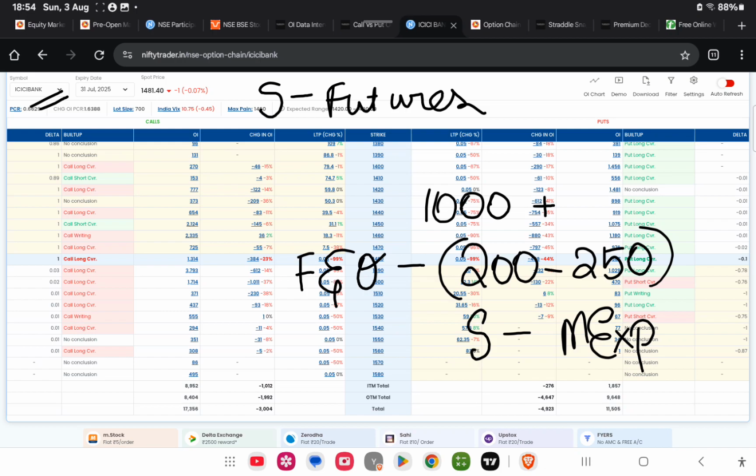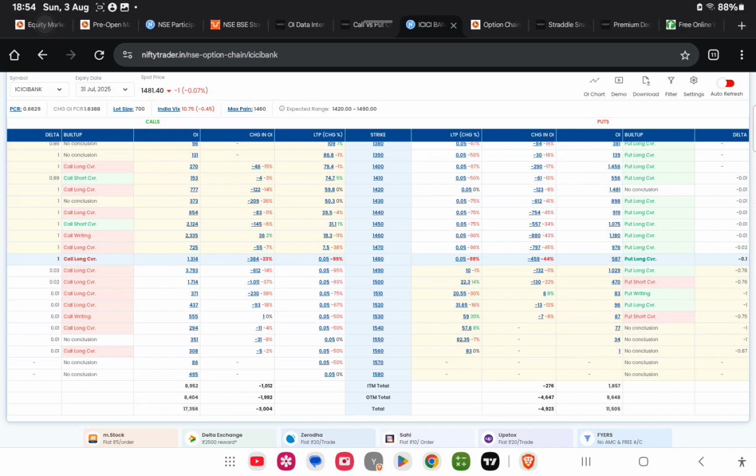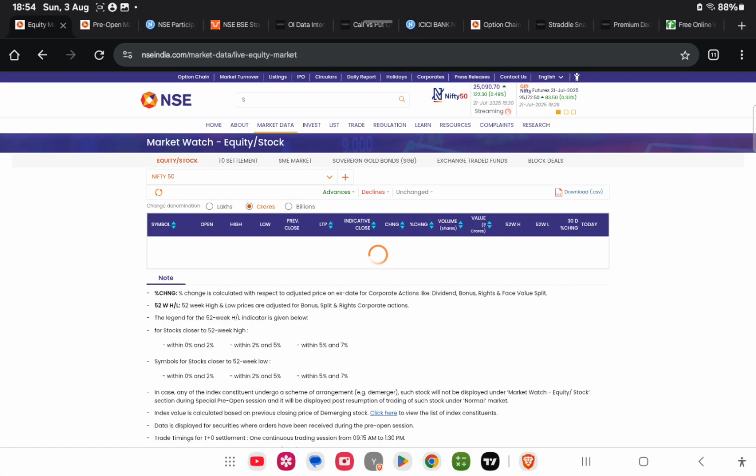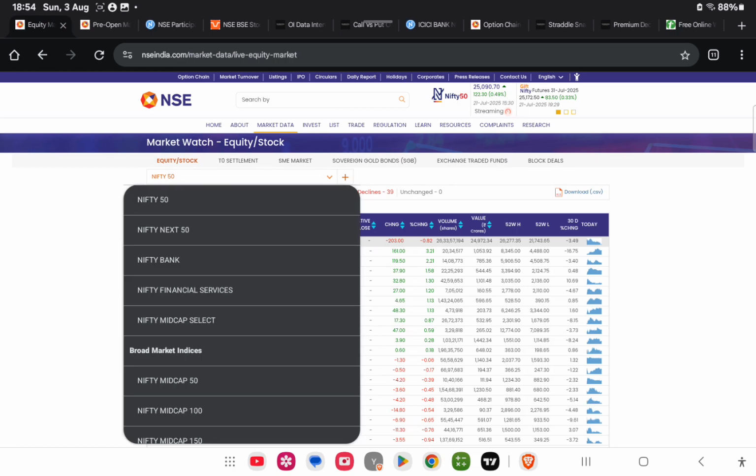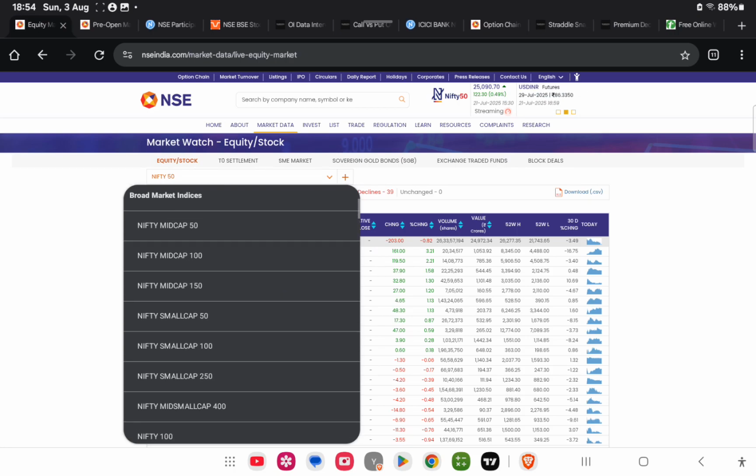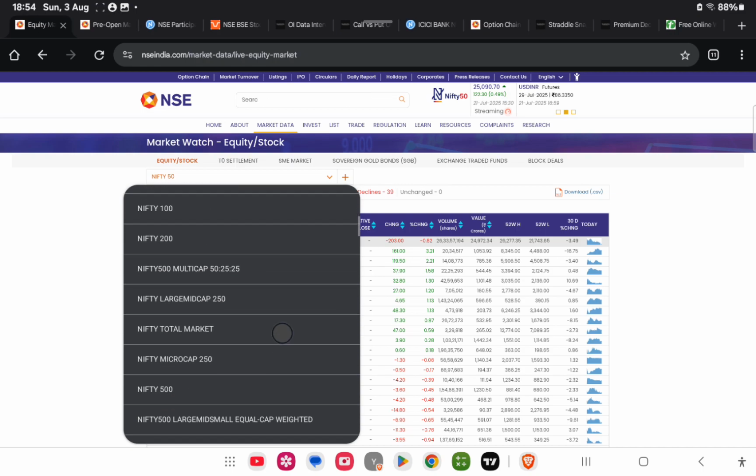These 1000 stocks are divided into large cap, small cap, mid cap and so on, which you can find on the NSE website. When you go to equity and type here, you see the categories: financial service, bank, mid cap, select, 100, 150, and the list goes on.